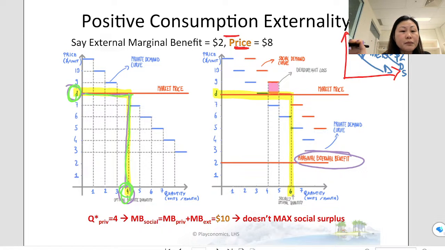What is the optimal quantity if we also consider that Benji is benefiting from Maya's putting on some perfume? So we start from the same market price. That market price here of 8, we start at that same market price.